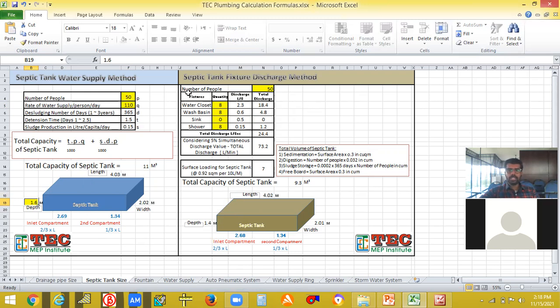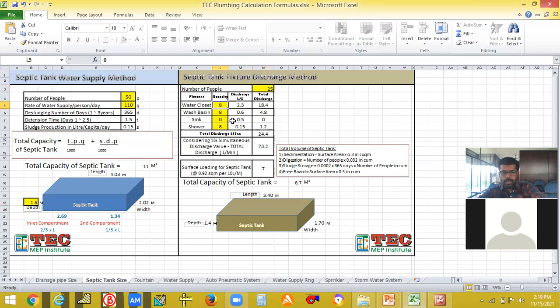Now coming to the septic tank fixture discharge method, you need to give the number of people here. For example, if I'm giving 20 people here, or 25 people here. And I can give the number of water closets.